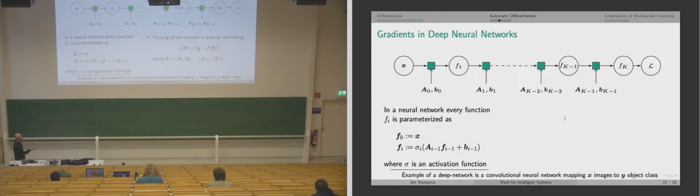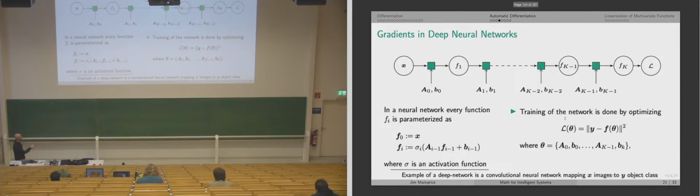And then we apply the loss function, for example, the mean squared error, the least square objective. And we define theta as the set of all the weights and biases found in the network.